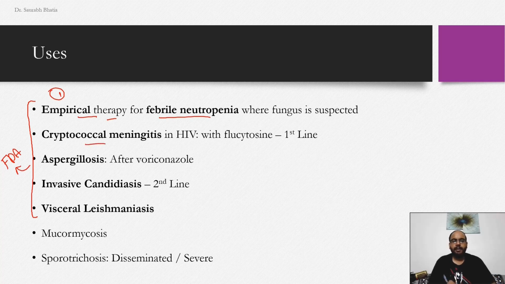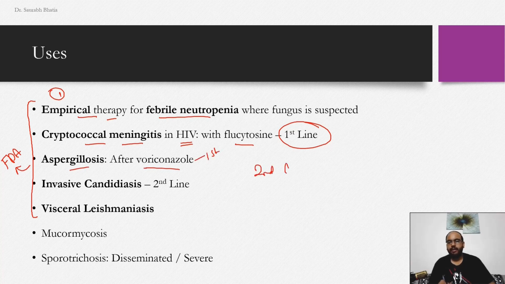For cryptococcal meningitis, especially in HIV positive patients, along with flucytosine, it's actually the first line drug. For aspergillosis, voriconazole is first line, and amphotericin B is second line. Invasive candidiasis, second line. Visceral leishmaniasis, it has been approved by WHO and FDA.